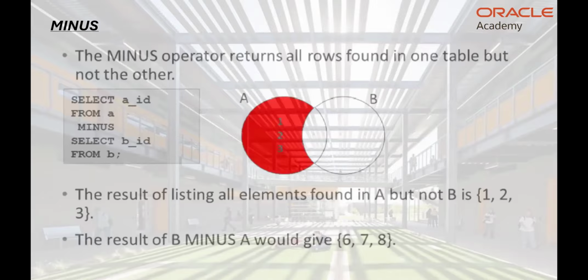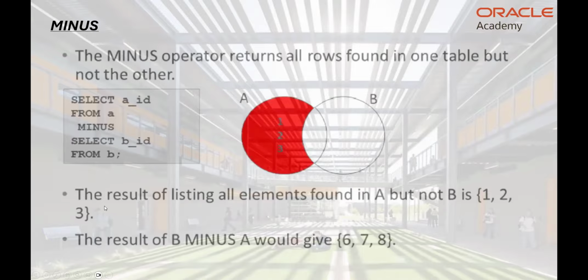And then minus, oh, I forgot about this one. Can't forget minus. The minus operator returns all rows from one table, but not the other. If we use A minus B, it will eliminate everything in the B table plus anything they have in common.